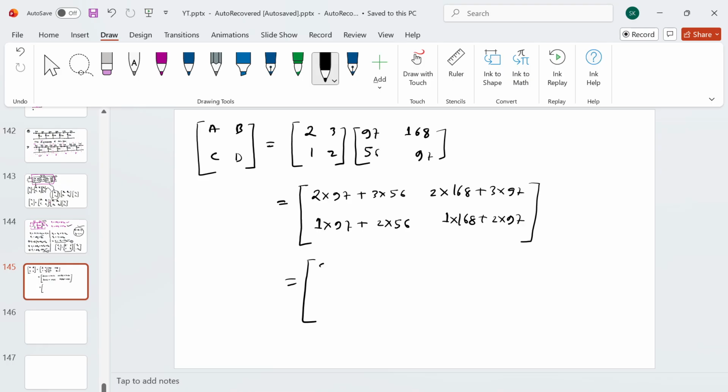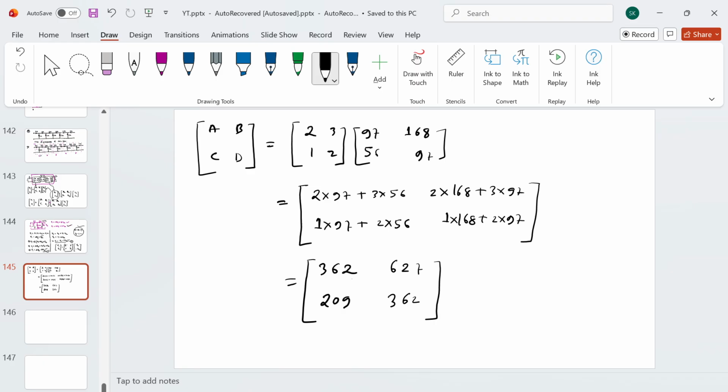So what will you get? 362, 627, 97 plus 2 into 56, 168 plus 2 into 97, 362, 7.